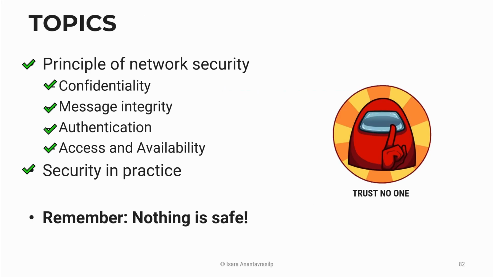So we have covered everything: confidentiality, message integrity, and how we can authenticate our partners in communication. We have also proven that network security is accessible and widely available. We have come so far from the Caesar cipher and the Enigma machine to what we have today.